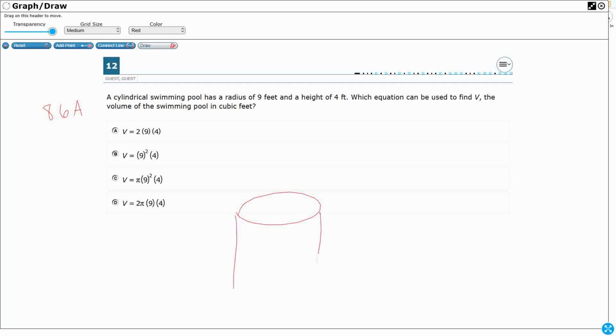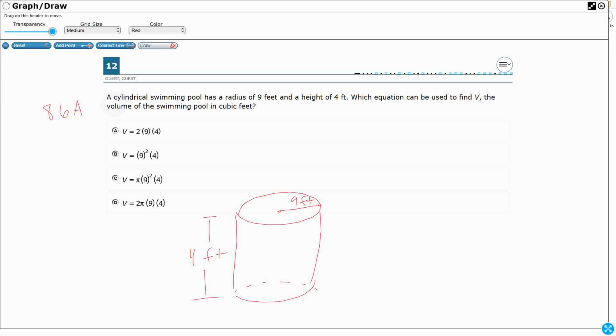We're going to just make it look like an above ground pool. It has a radius of 9 feet and a height of 4 feet. I didn't do it proportionally, but that's fine. Which equation can we use to find V, the volume of the swimming pool, in cubic feet?